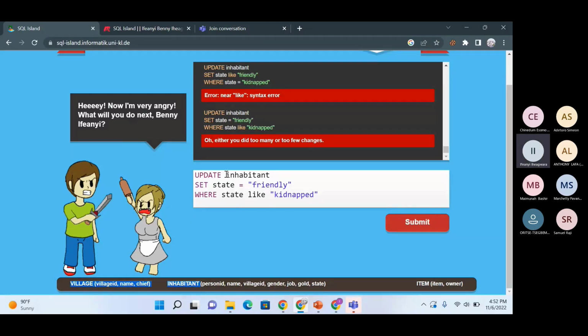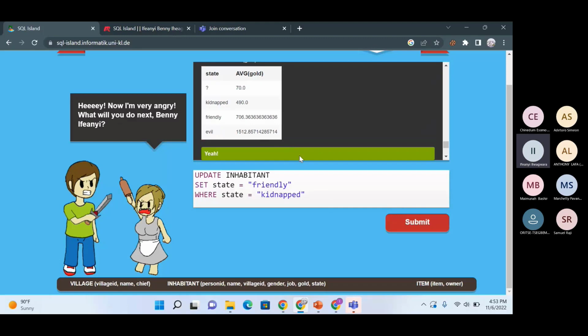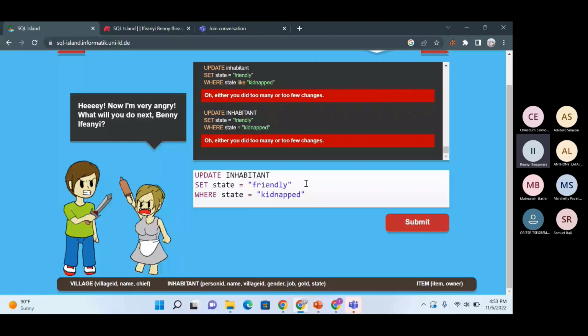Okay, so we set the state as equals to friendly, and then we set the state. So where the state is equals to kidnapped, set kidnapped as friendly. Too few changes.